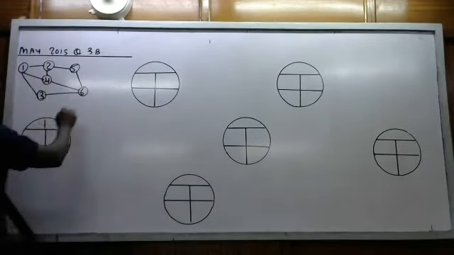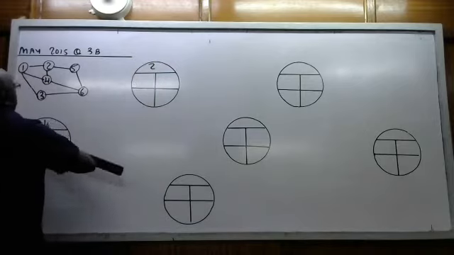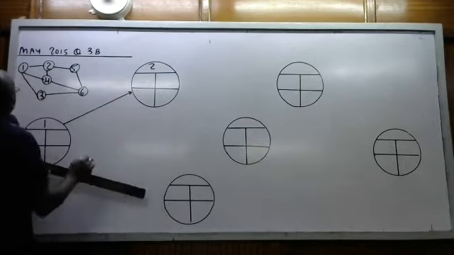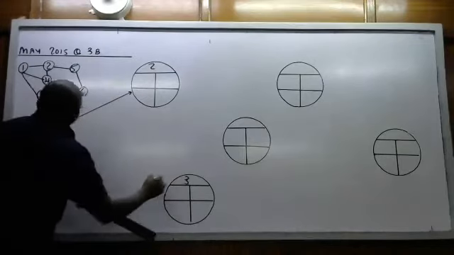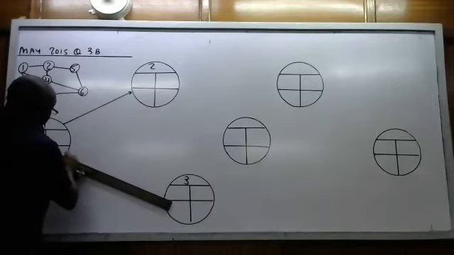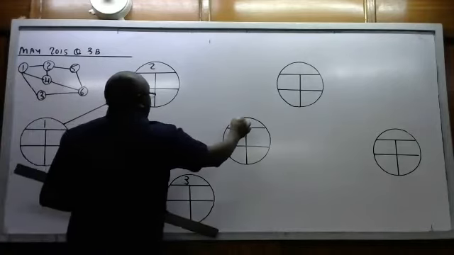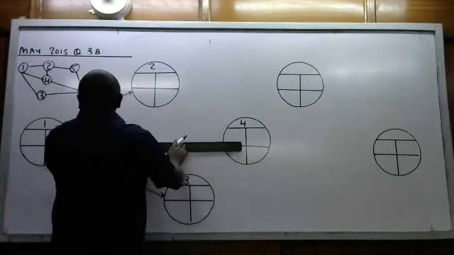So this is my 1, 2. So I have an activity here. 1 to 3, I have an activity here. Then 1 to 4, I have an activity here.